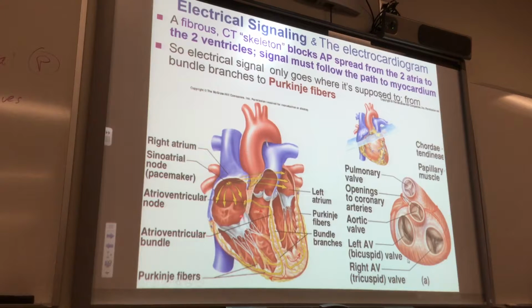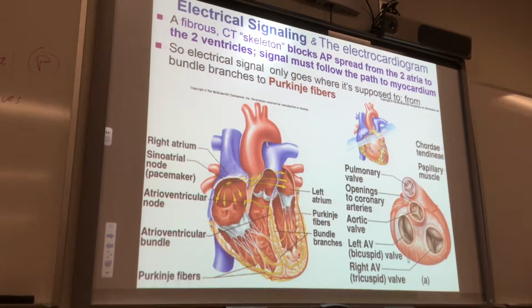If you are an atrial cardiocyte living here at the periphery of the atrium, and you are a ventricular cardiocyte really close to that atrial cardiocyte, you can't talk to each other. If I'm an atrial cardiocyte out here, yeah, I got a signal from the SA node, but I can't give you that signal through my gap junction to the ventricle cell because of that connective tissue skeleton.